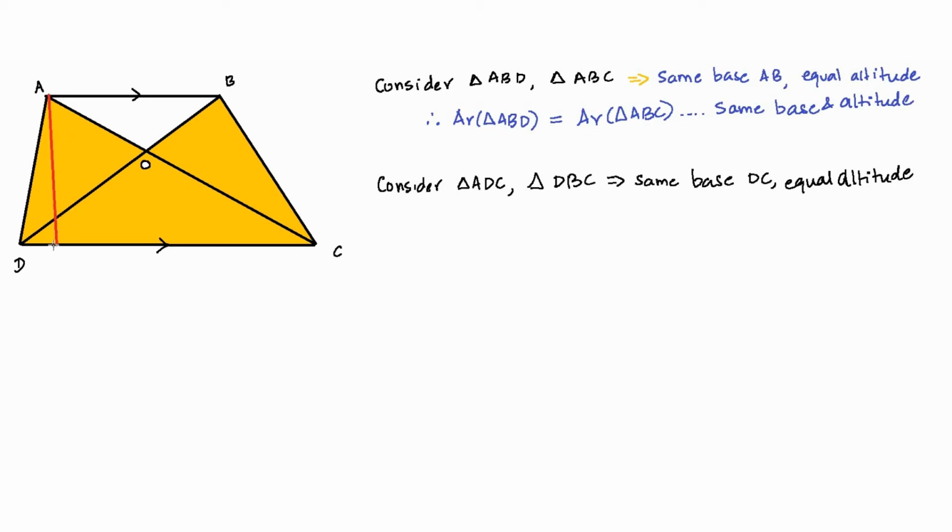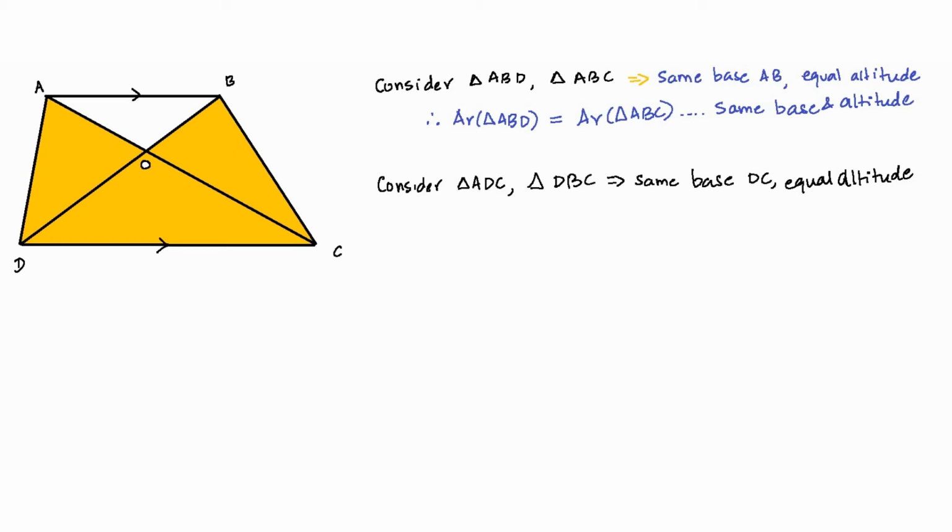No matter where you measure this altitude, it always remains equal. So whether you measure the altitude here for triangle BDC or here for triangle ADC, the altitude remains the same, and the base is also DC.